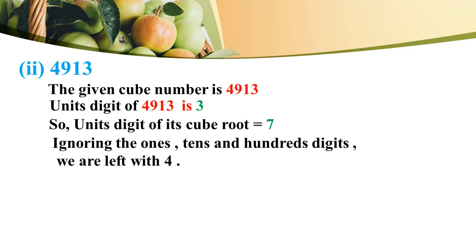Then, we should find the perfect cube number equal to 4 or less than 4. First cube number is 1. 1 cube equals 1. 1 is less than 4.